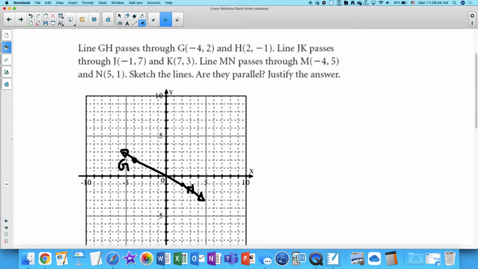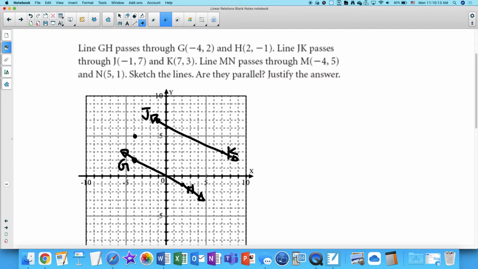Okay, JK goes through the points J(-1, 7), so here's (-1, 7), and K is at (7, 3). There we go. I'll just extend those a little bit because this is also a line. And then finally MN passes through (-4, 5).